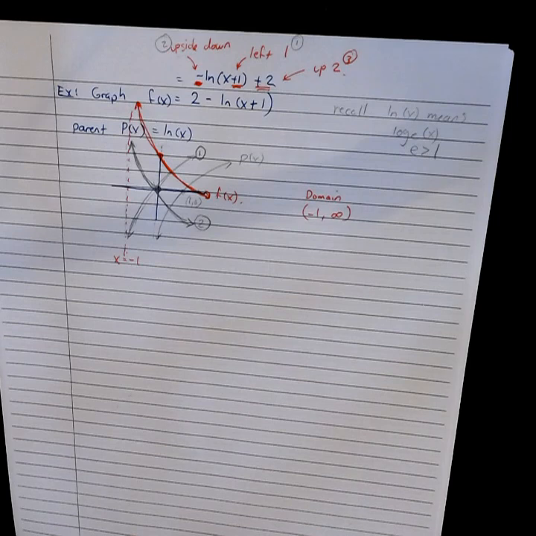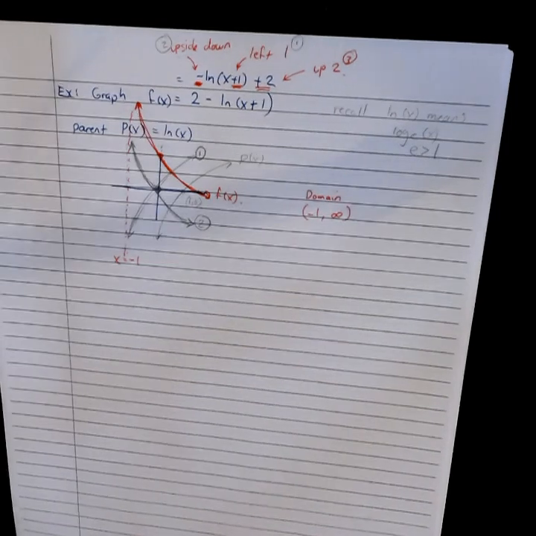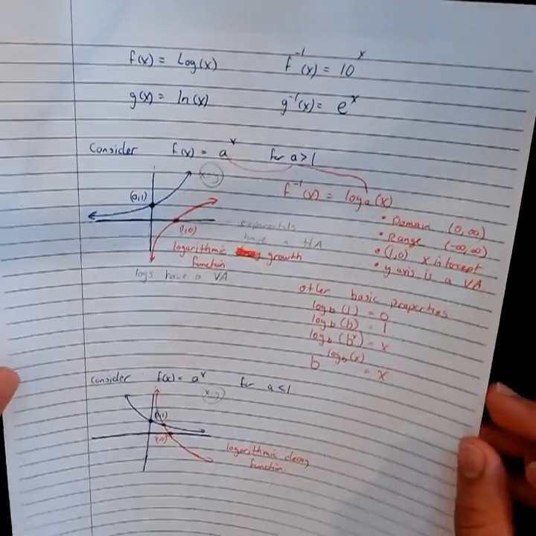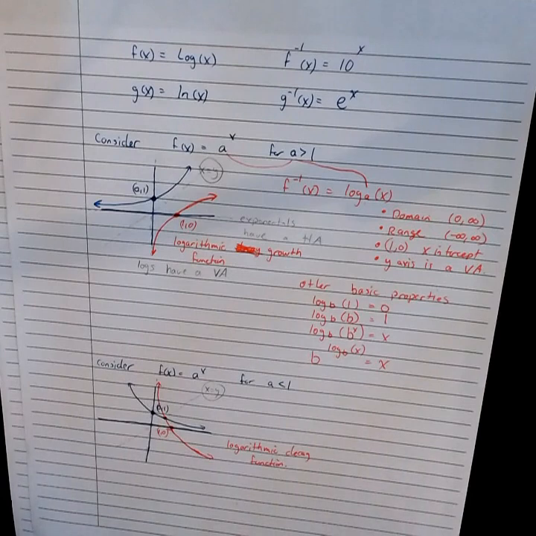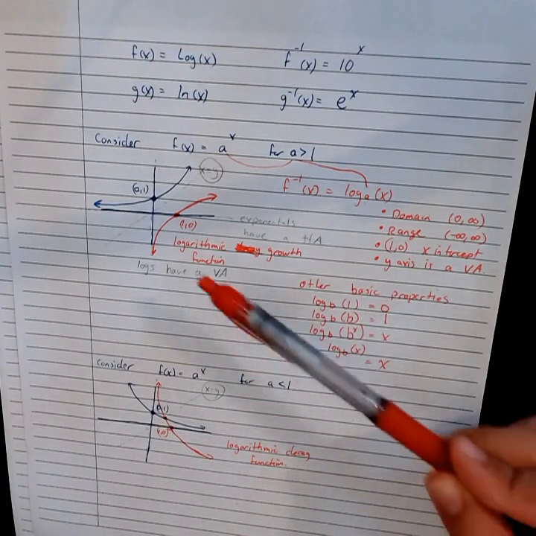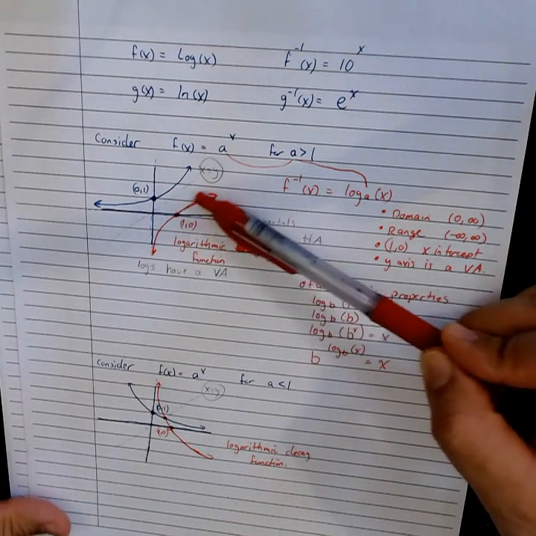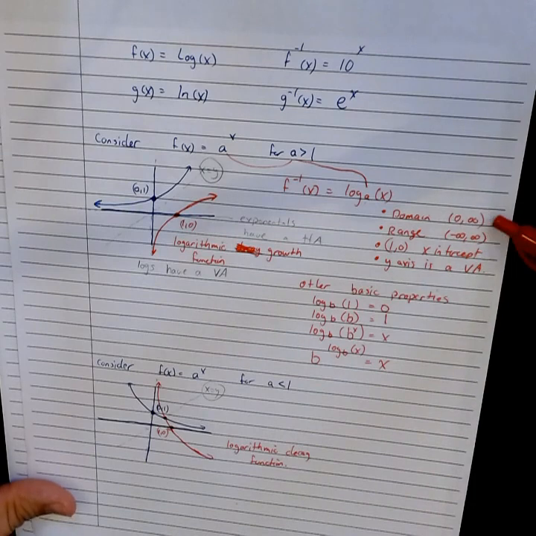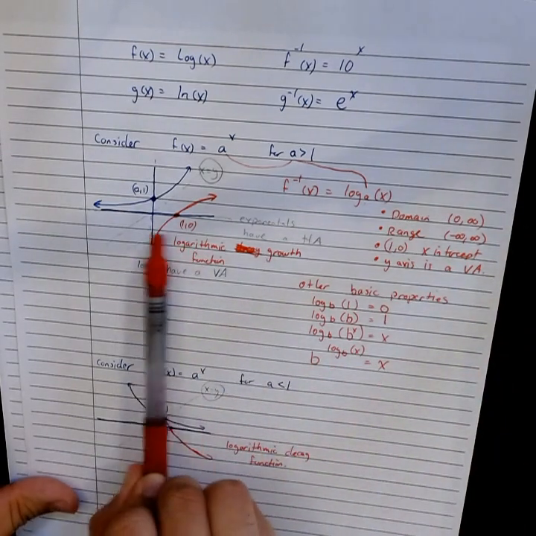We can actually find the domain of the logarithmic function without having to graph it. Because if you look back at our logarithmic functions, it doesn't matter if we have logarithmic growth or logarithmic decay. The graphs of these show us that the parent functions have a domain that goes from 0 to infinity, from 0 to the right.